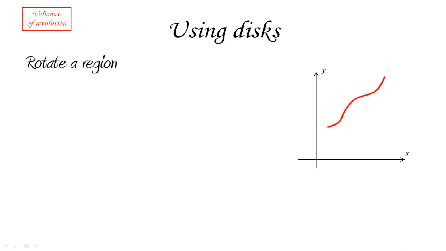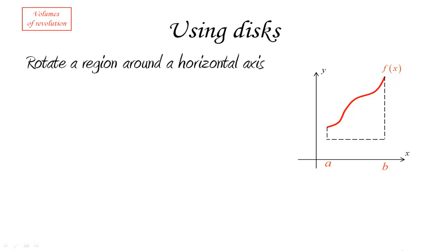Namely, it's going to be bounded by a curve, f of x, in between two values a and b, and by a flat boundary on the bottom. Not only that, but we're going to rotate this region around a horizontal axis that is actually part of the boundary. We're going to use the line that runs through the bottom boundary as the axis of rotation.